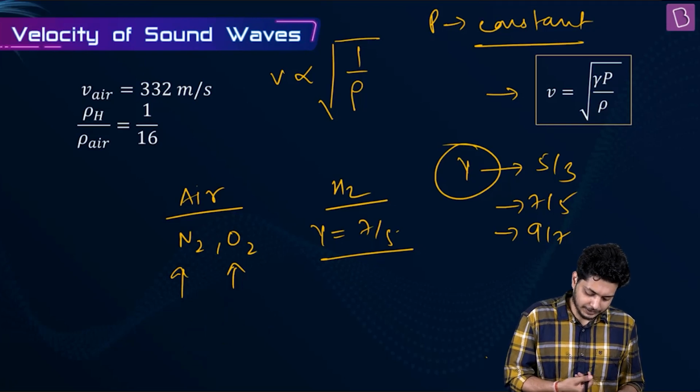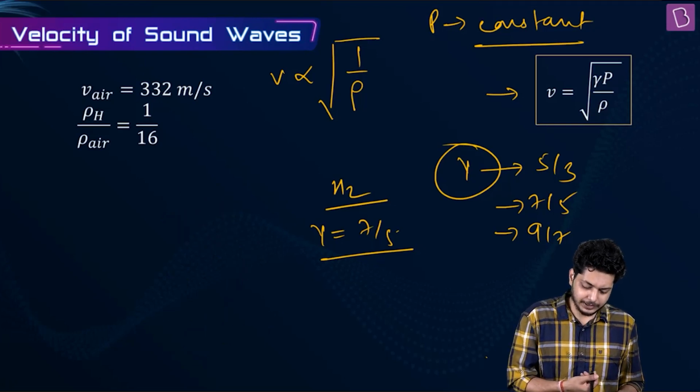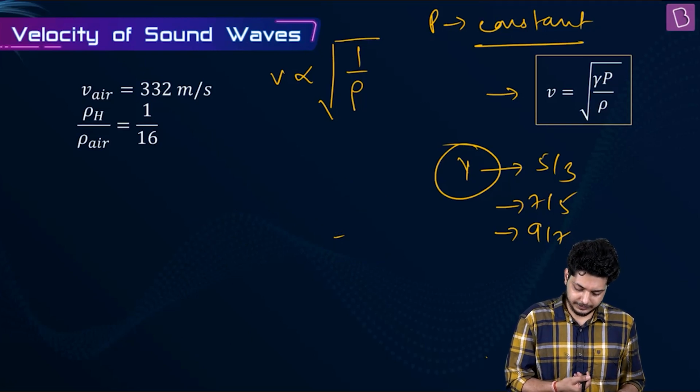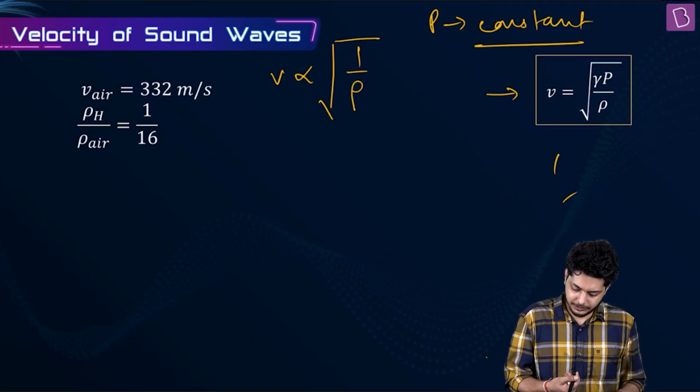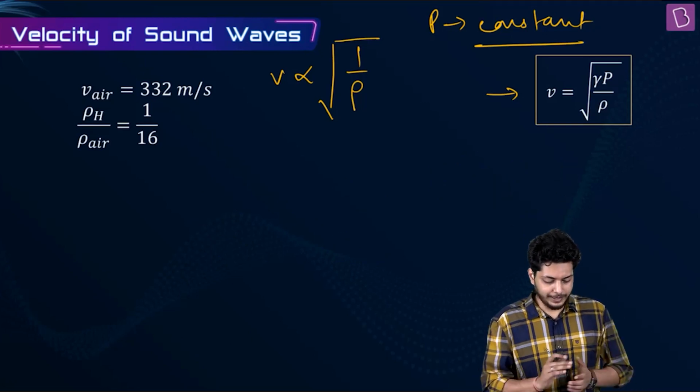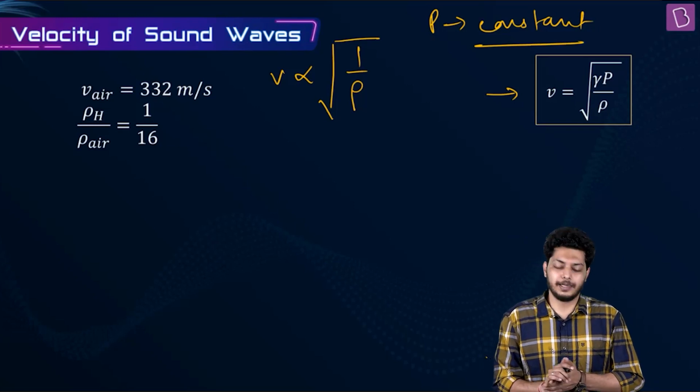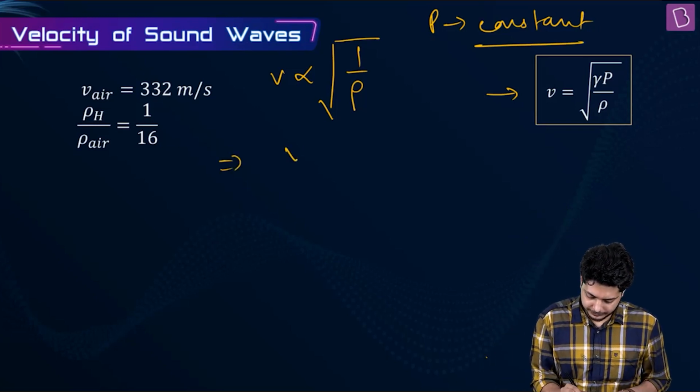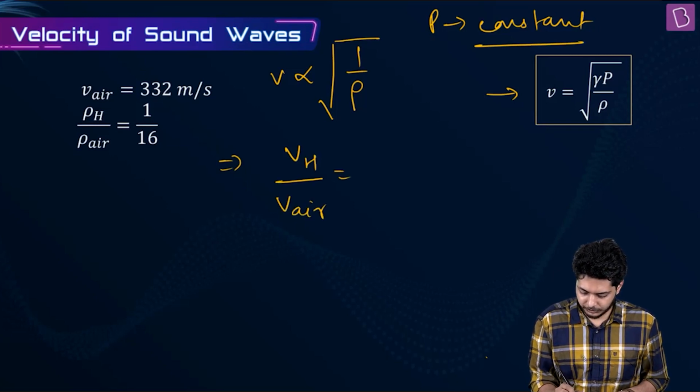So, here we have figured out that gamma is also constant. In the question, it is saying that pressure is constant. Okay. Now, moving further. V is proportional to 1 by root rho. So, we can say that VH by V air is equal to root over of rho air by rho h.